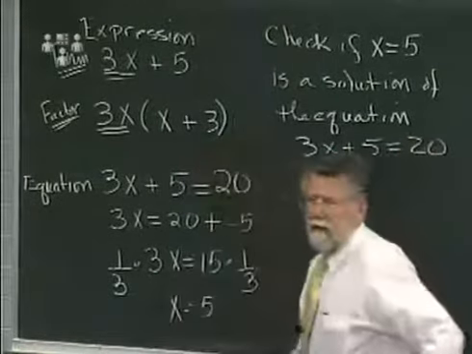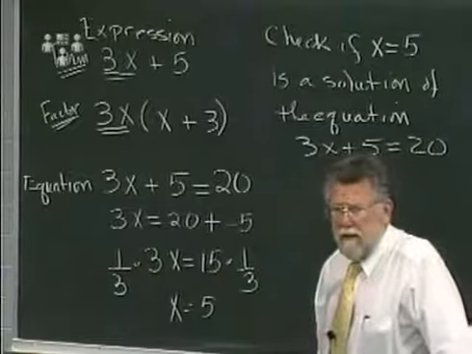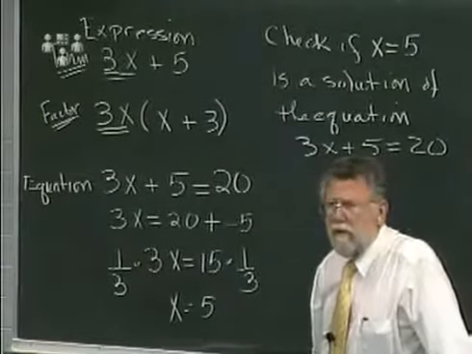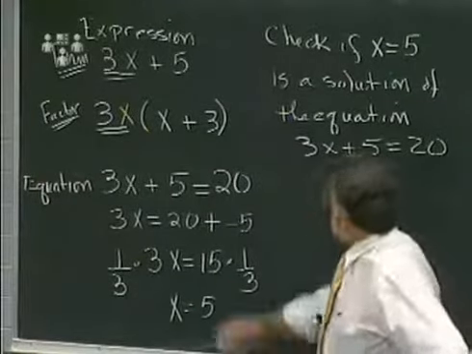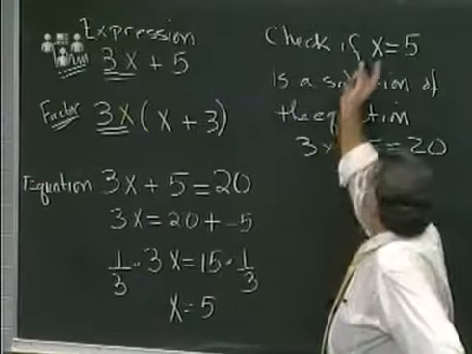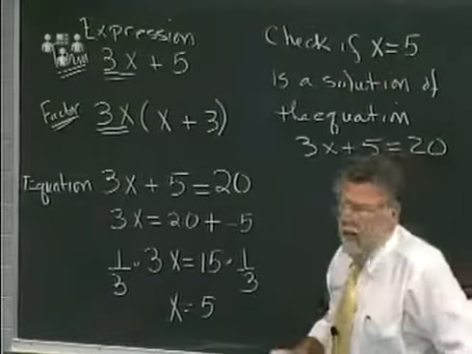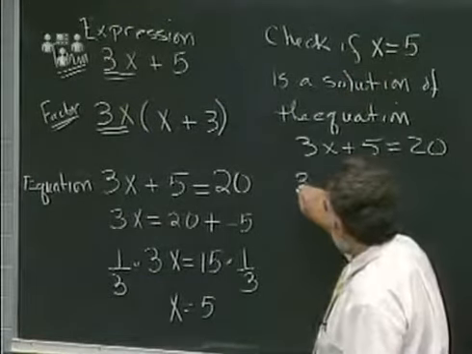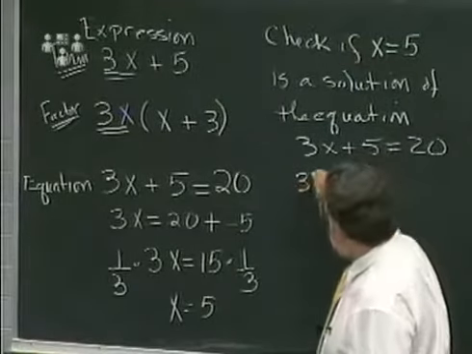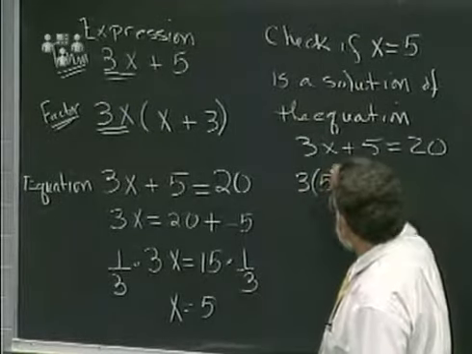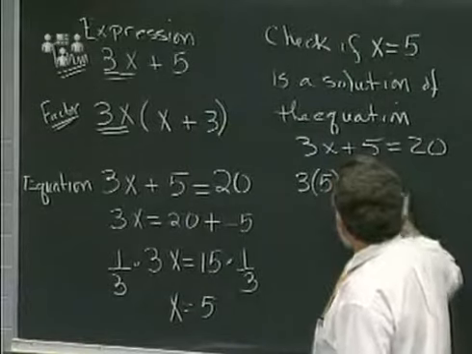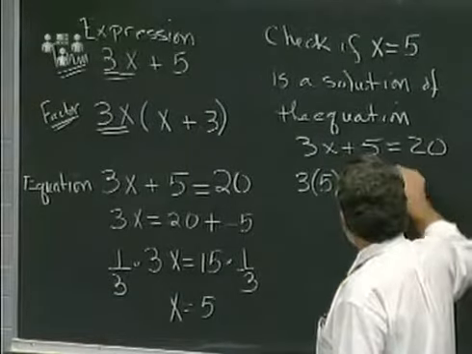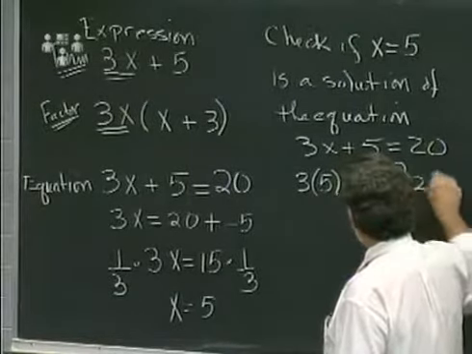Now how do I check that? Substitution. I will simply replace the x by the 5. And so I ask, is 3, and sometimes I like to put parentheses here to indicate the multiplication, is this equal to 20?